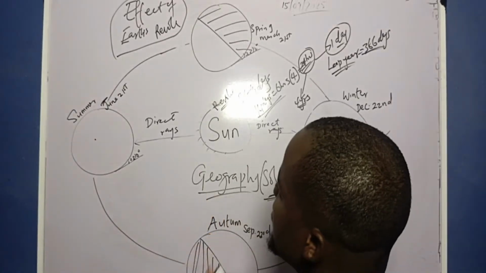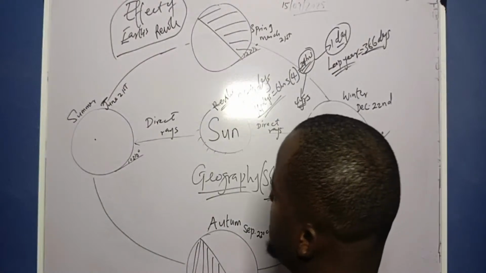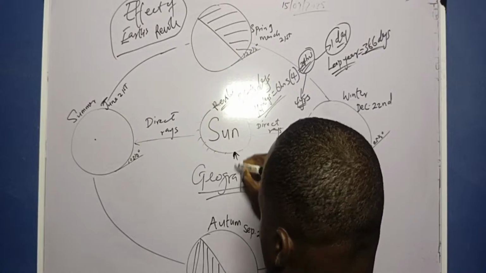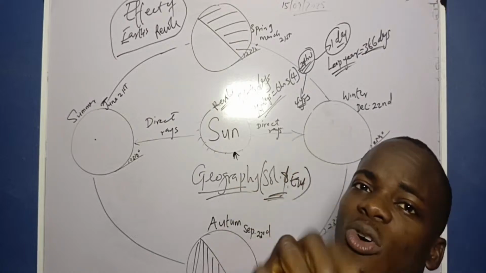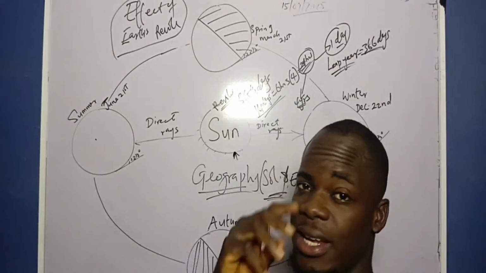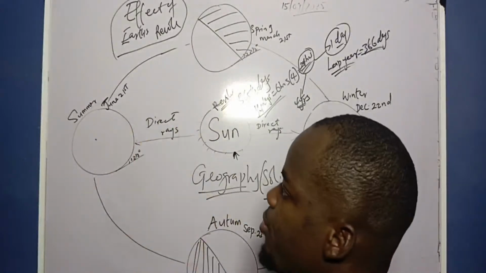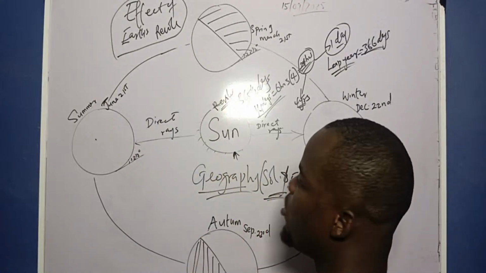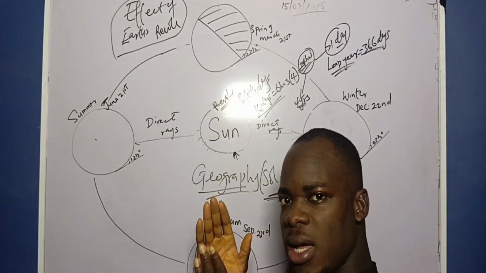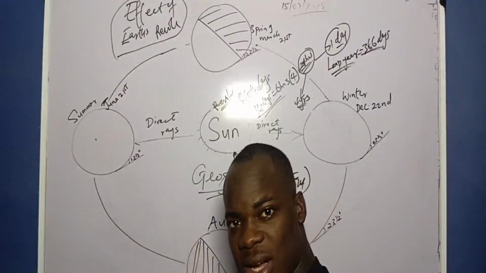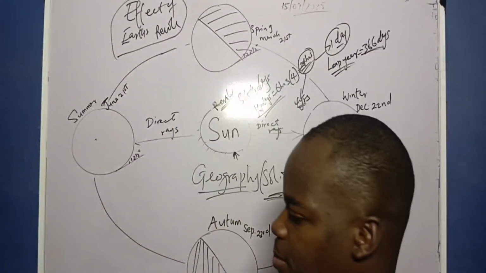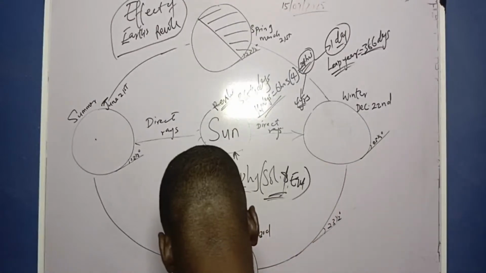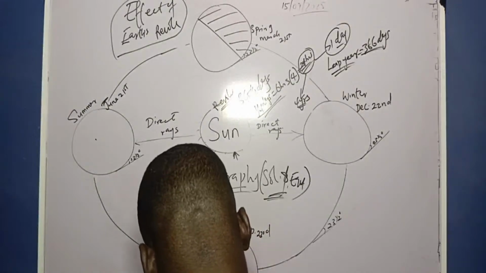So when there is Earth revolution, the sun you see here will be practically overhead in different regions. This sun could actually be overhead at the Arctic Circle or the Antarctic Circle. So normally it used to be overhead in 2 regions. You get the point?